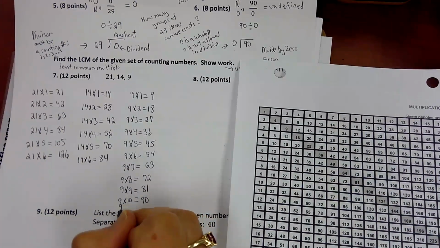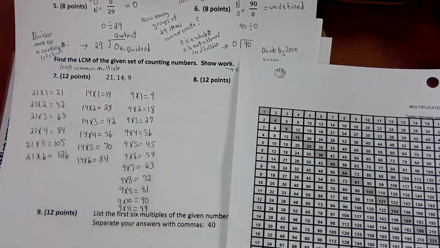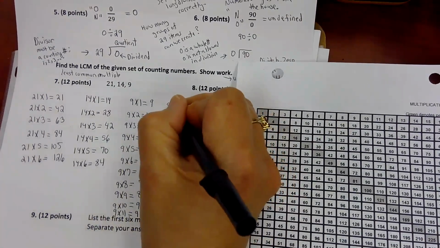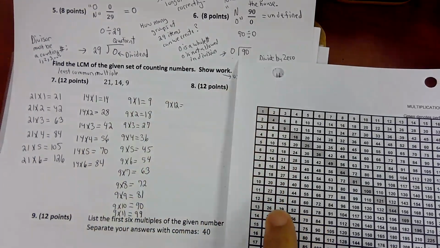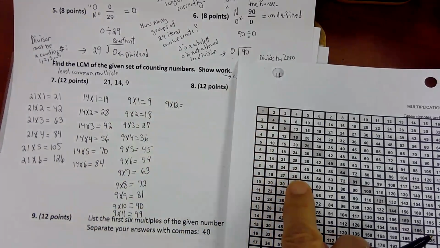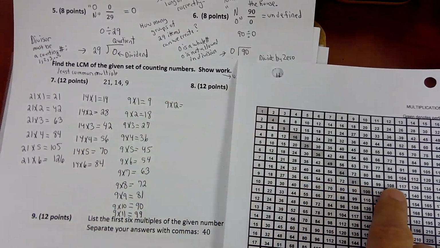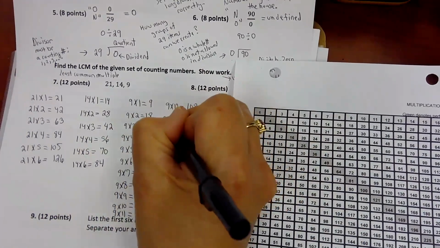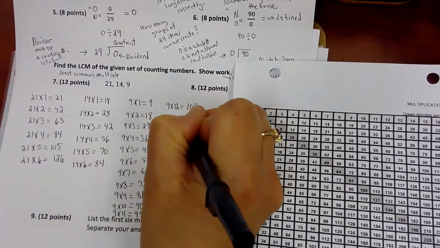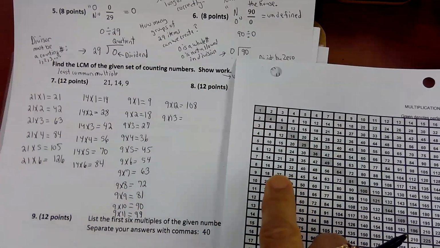How about 9 times 11 is 99. 9 times 12 is 108. So we've got to go past that because see where this is 105. How about 9 times 13?